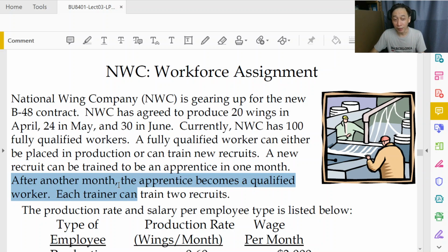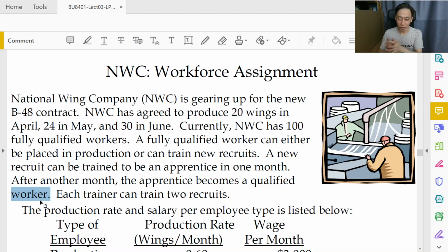After another month, starting from an apprentice, it takes another month for the apprentice to become a worker, at which point this qualified worker can either be deployed as production or as trainer. Each trainer can train at most two recruits, just to take care of the case that there is an odd number of recruits.